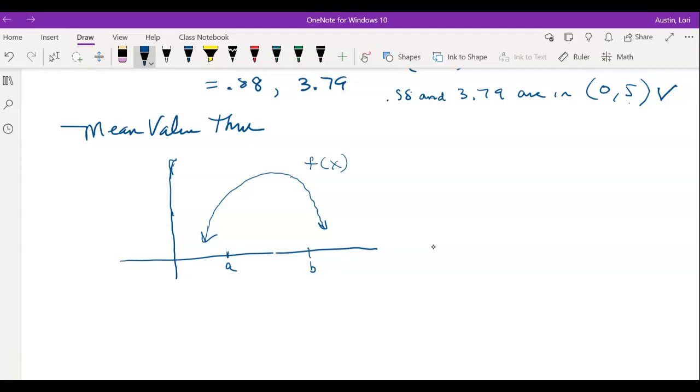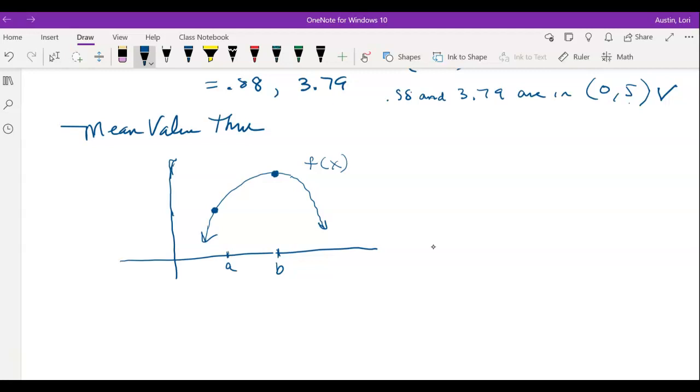Let me offset them a little bit more. Let's put b over here. But this time we're going to do it so they don't have to equal each other. f of a does not equal f of b anymore.